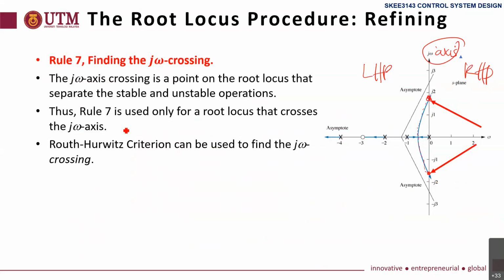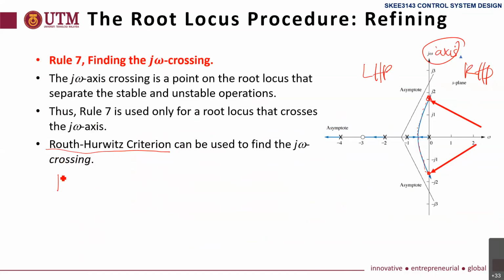Rule number 7, this point can be obtained by using the Routh-Hurwitz criterion. We know that when we have a critically stable system, we will have a row of 0.